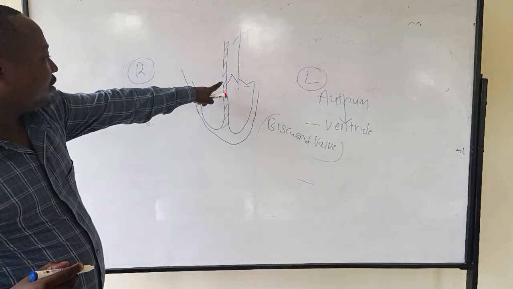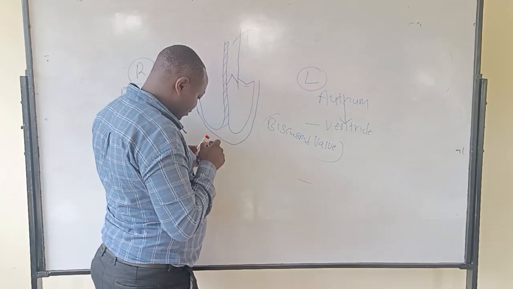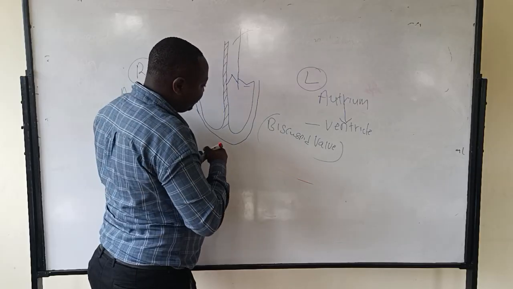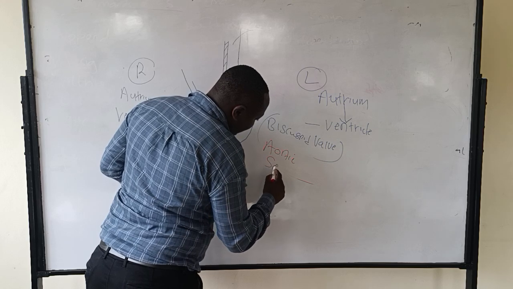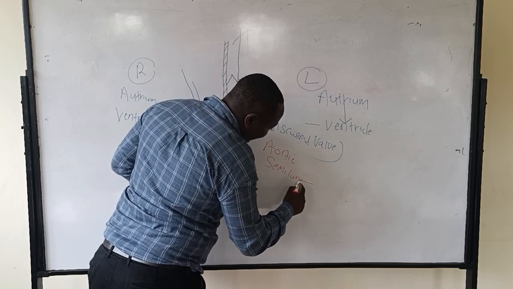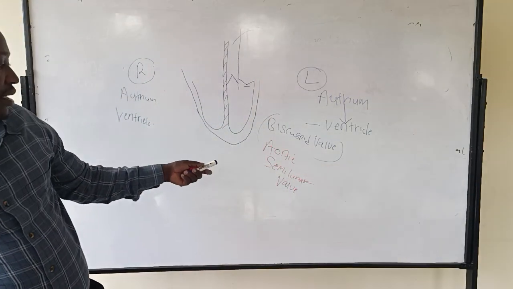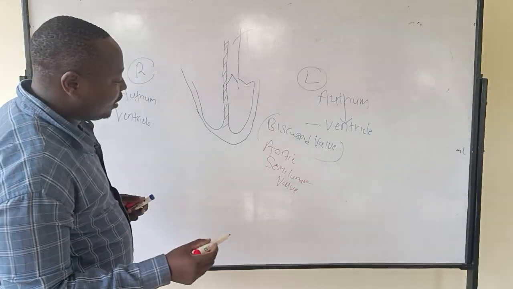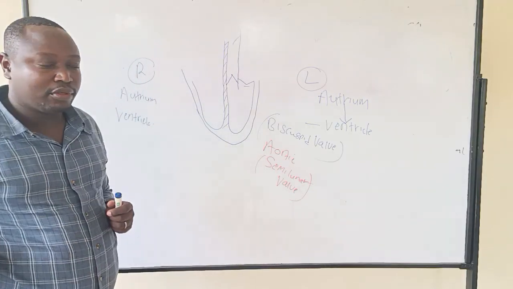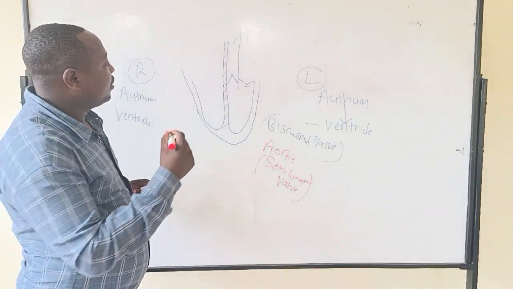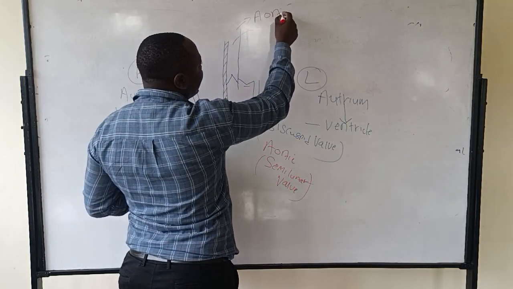We call this valve the aortic semilunar valve. The reason we call it the semilunar valve is that its shape is similar to that of the moon, which we call the luna. This is an extension of the aorta.